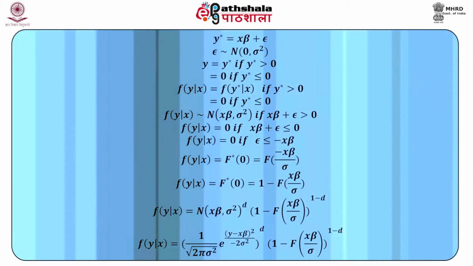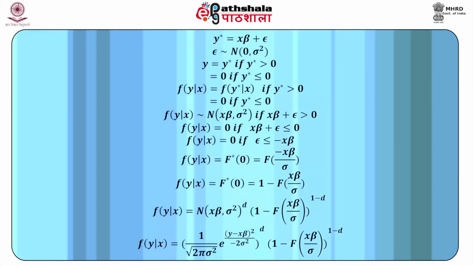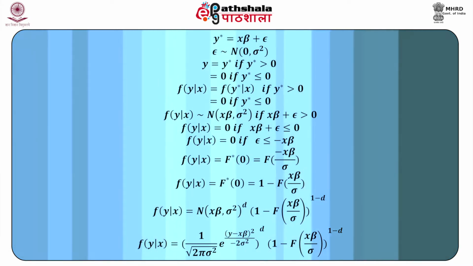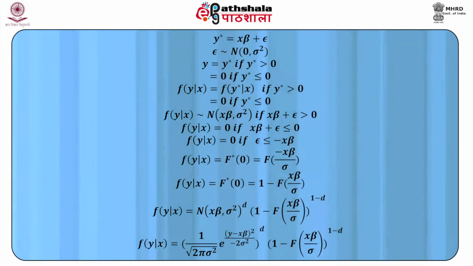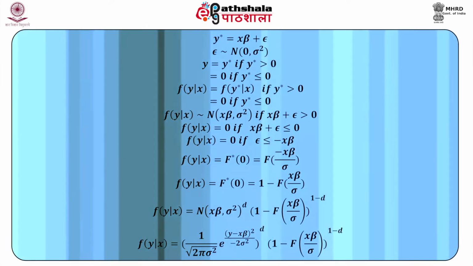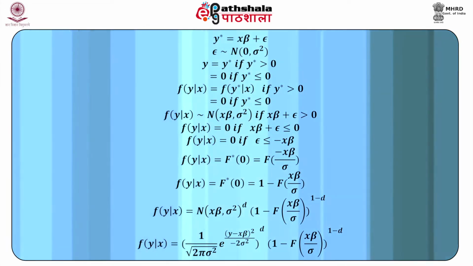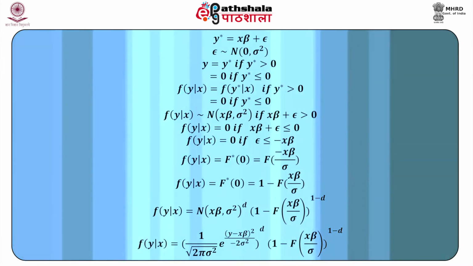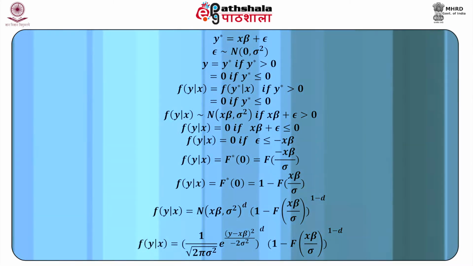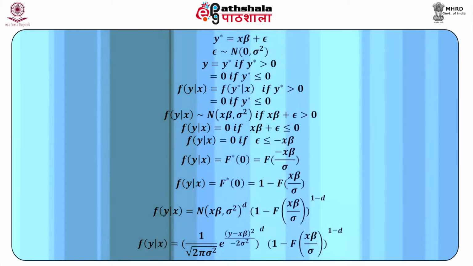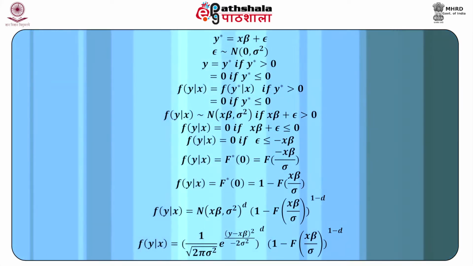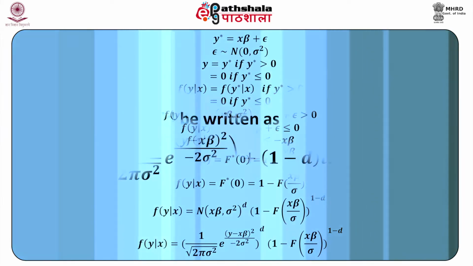So this density function is now equal to 1 upon root 2 pi sigma square into e raised to power y minus x beta square upon minus 2 sigma square, whole raised to power d. So in a way it is the power d of the normal distribution into 1 minus F of x beta upon sigma raised to power 1 minus d.